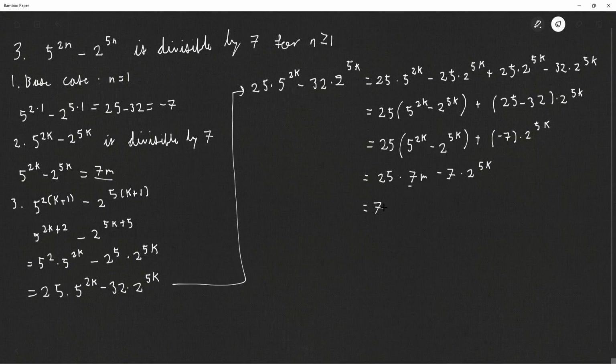So we can factor out the 7, leaving us with 25m minus 2 to the 5k. However, the whole expression, because of the 7, is a multiple of 7. So this shows that when it's k plus 1, it's still a multiple of 7, so it's divisible by 7. And we know that the base case is divisible by 7, so this means that our entire expression is true.